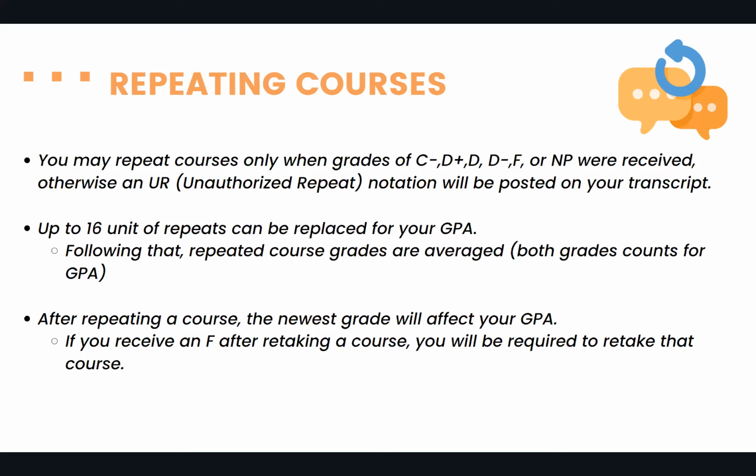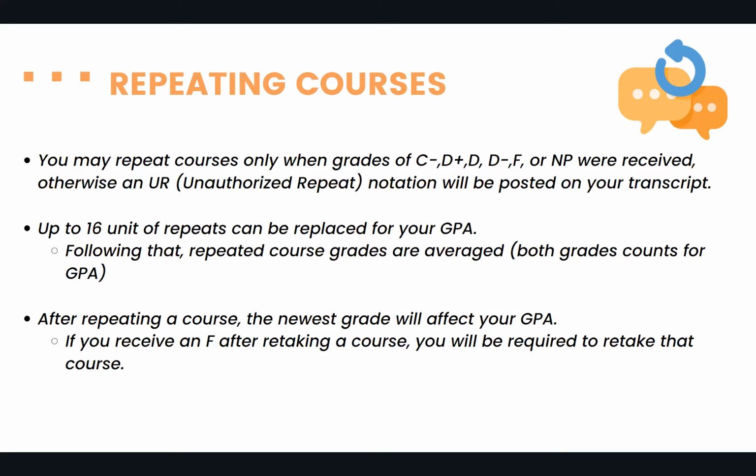You can only repeat courses in which you receive a grade of C- or lower. Sometimes students want to repeat a class in which they received a grade of a B. That is not allowed. So you can only repeat courses in which your first grade was a C- or lower.